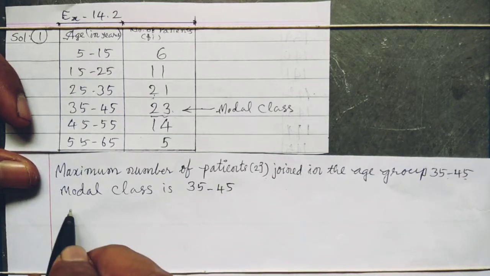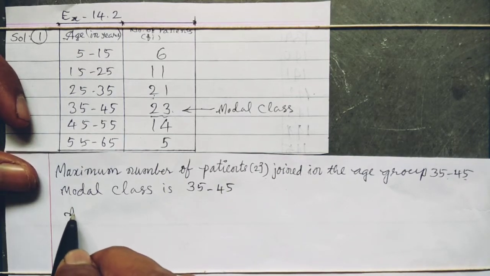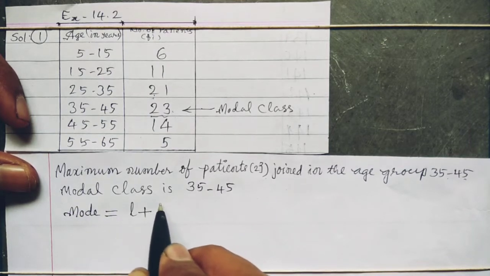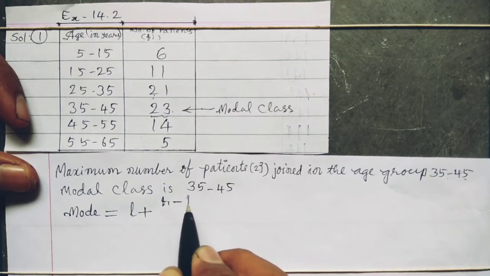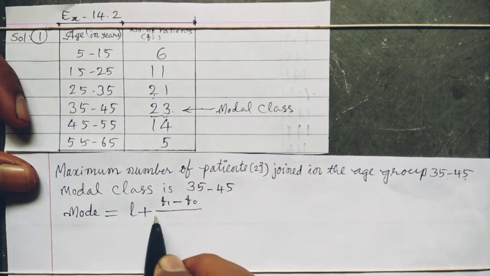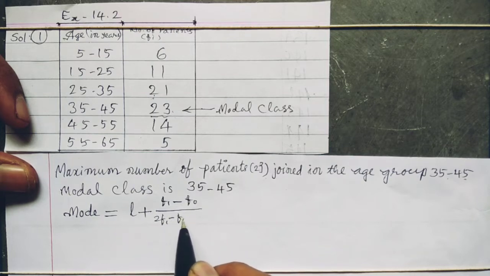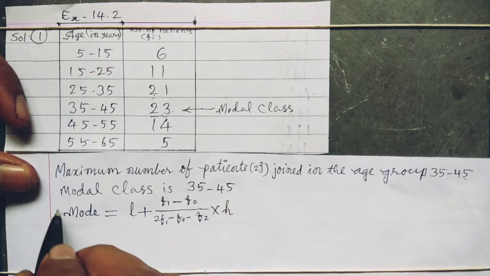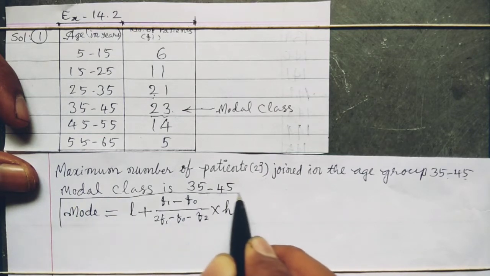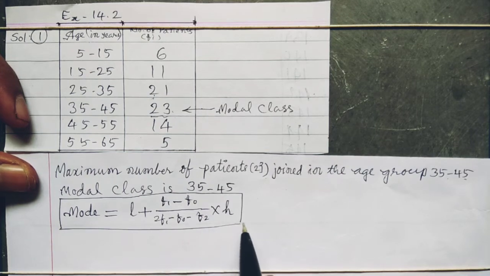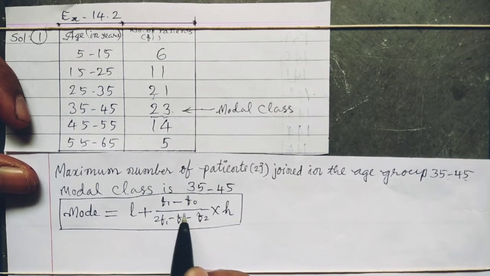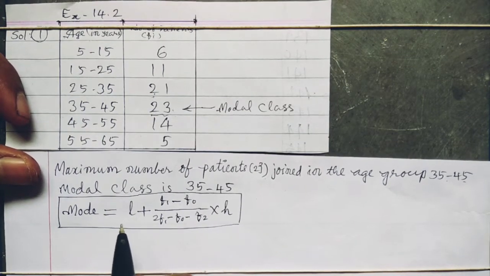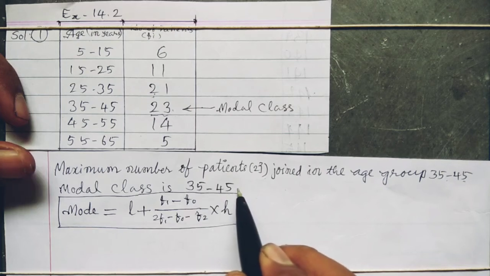Mode is equal to L plus (F1 minus F0) by (2F1 minus F0 minus F2) into H. This is the formula to find mode. We have to know all these values. We can find these values basing this modal class.